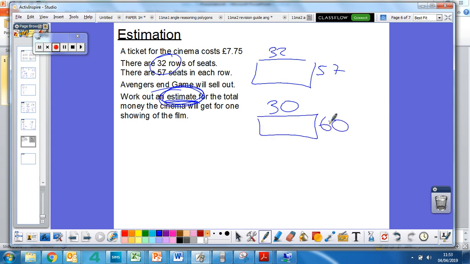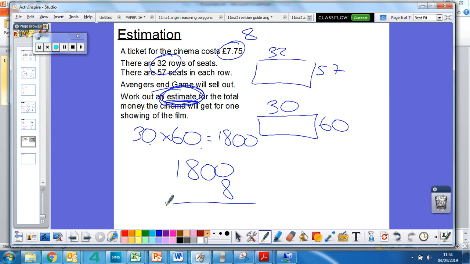So 30 times 60, 3 sixes are 18, 0, 0. There are 1,800 seats in that cinema. My God, it's huge. And it's £7.75 per ticket. One significant figure, £8.